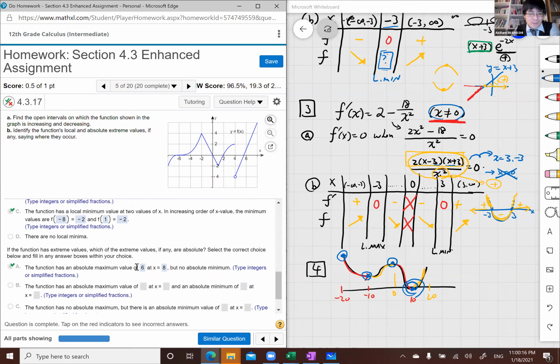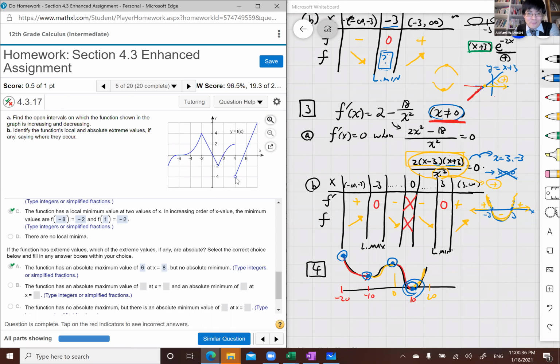Now about the absolute maximum. Absolute maximum is the highest possible y value, which is 6 here. And that happens when x is equal to 8. However, this does not have an absolute minimum. Absolute minimum is the smallest y value possible.